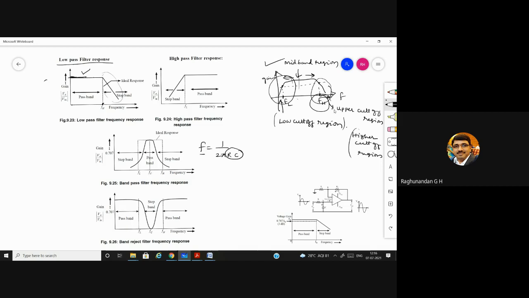And one thing you should remember, in both lower cutoff and higher cutoff, the midband region is considered. The midband region will be there. Only in the low pass filter are we going to ignore the upper cutoff frequency, but the rest of the signal, this portion, will have the maximum gain.